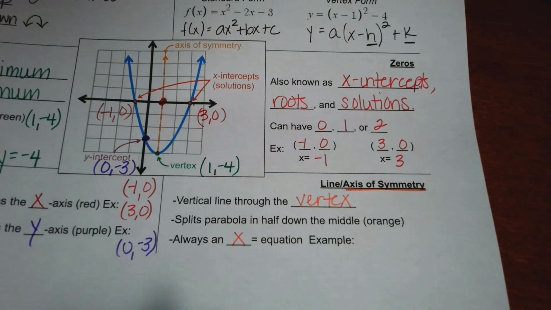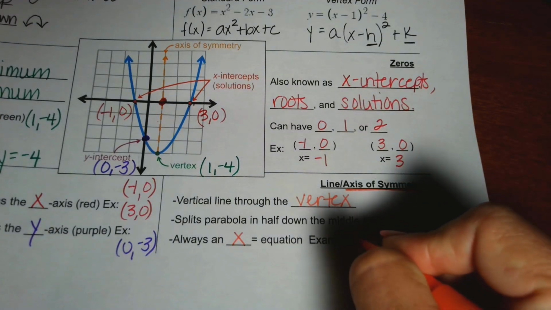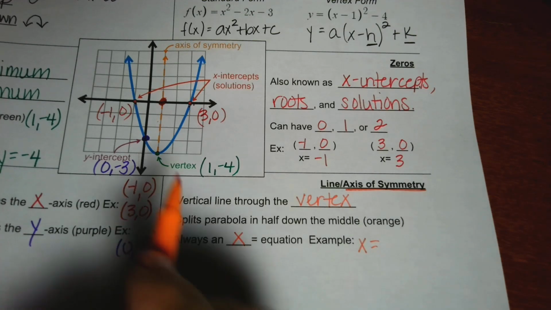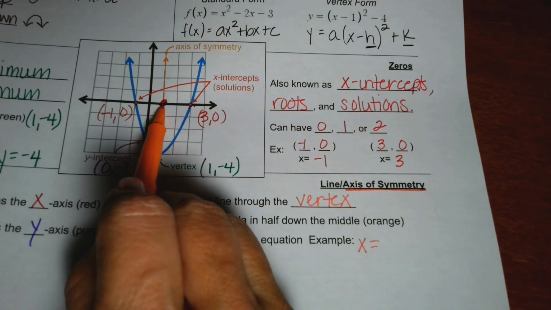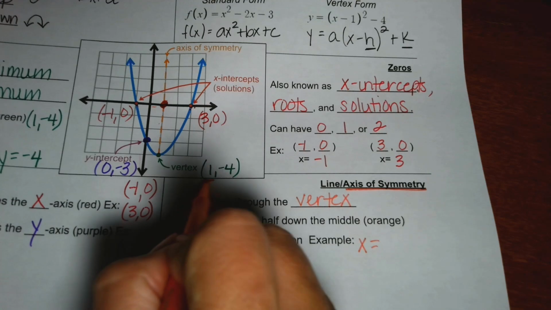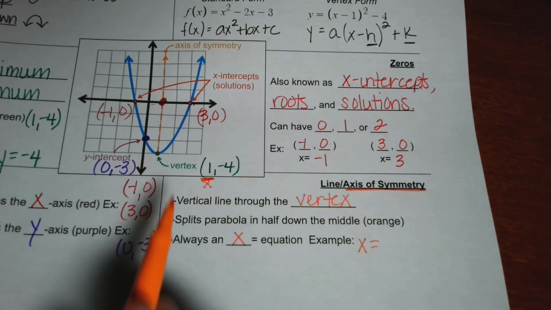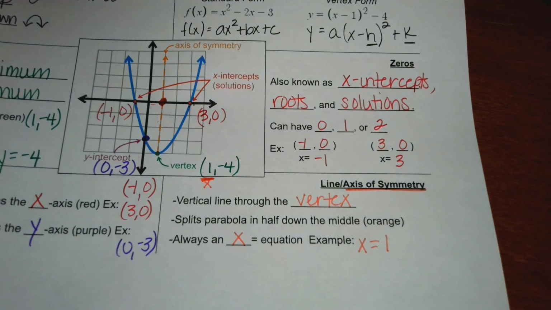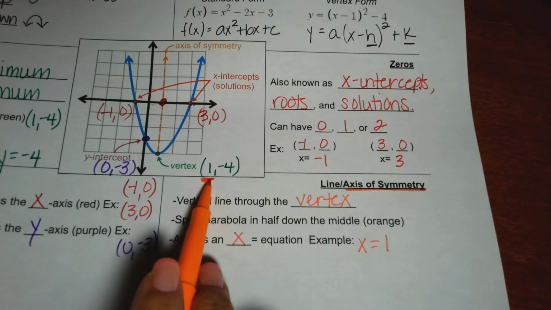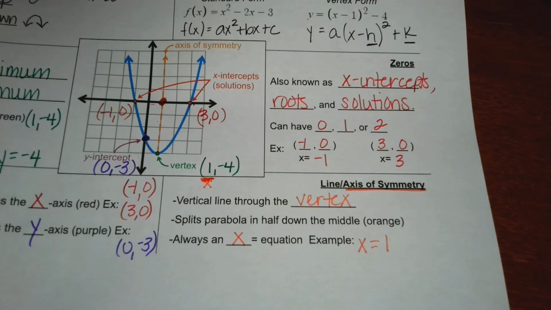So in this example, the equation would be x equals, well, where does it touch the x-axis? At 1, which will always be the x value of the vertex. The imaginary axis of symmetry will always be x equals whatever the value of the vertex x value is.